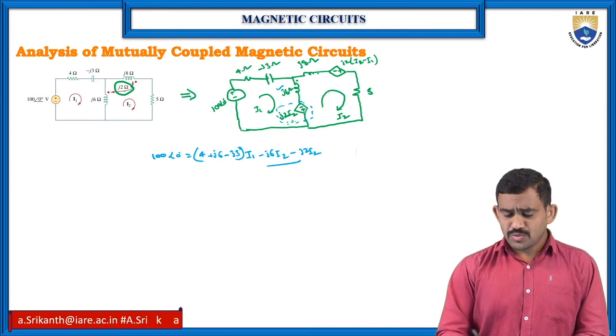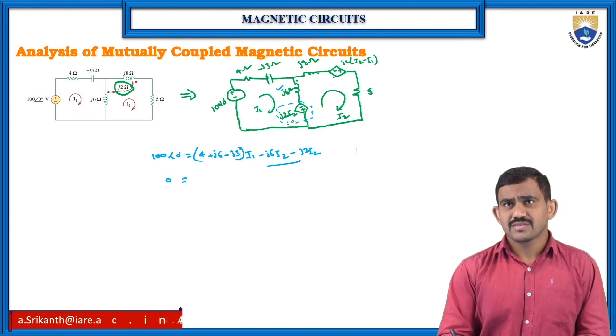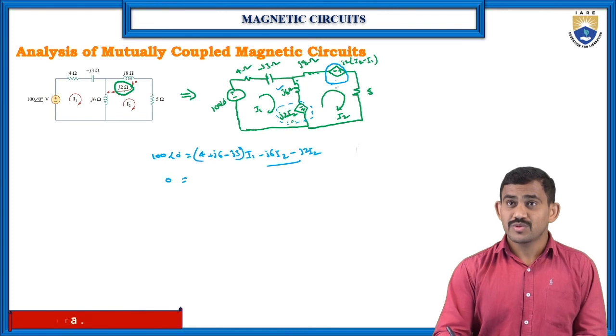Coming to loop 2, we have 0 voltage, we don't have any voltage source. Now both inductors are mutually coupled, and this value is as it is, so no need to write it again.